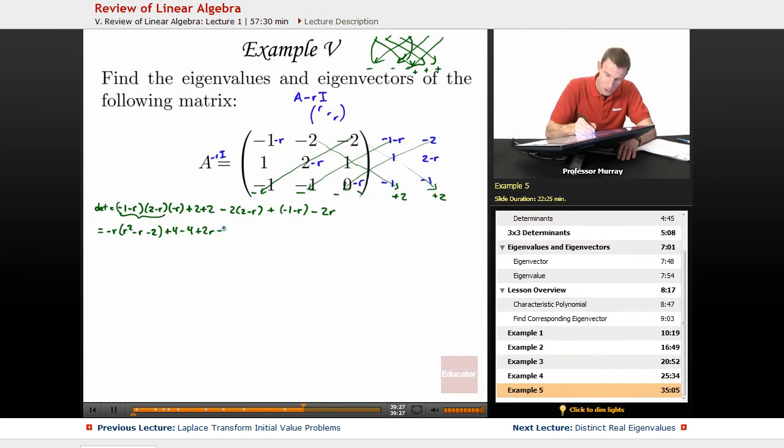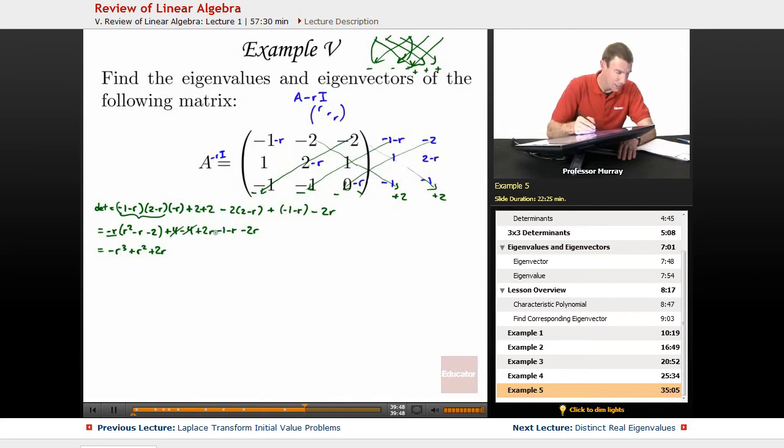And then -1 minus R minus 2R. And again, if I multiply this -R through, I'll see I'll have -R cubed plus R squared plus 2R. And let me collect some terms here. The +4 minus 4 cancels.